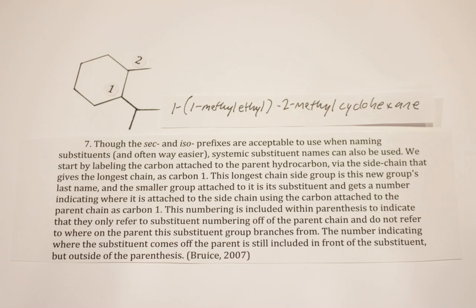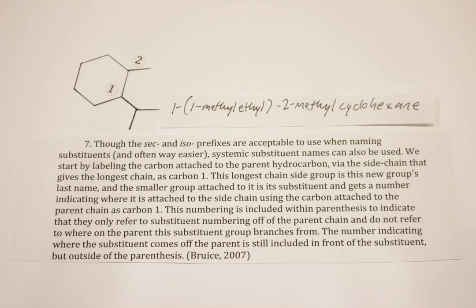This numbering is included within parentheses to indicate that they only refer to substituent numbering of the biggest substituent coming off the parent chain and don't refer to where on the parent chain the substituent group branches from. The number indicating where the substituent comes off the parent is still included, but that goes all the way in front of the substituent outside the parentheses.